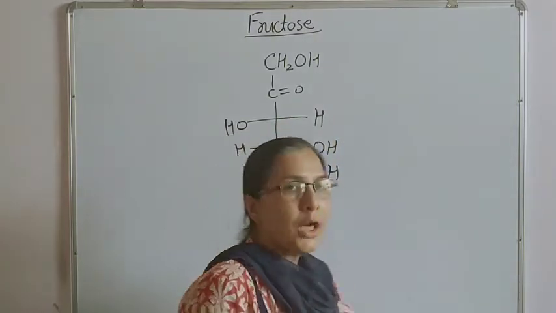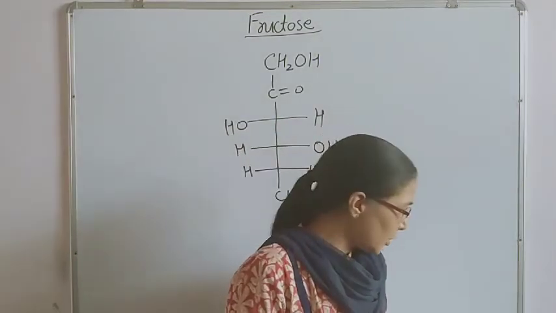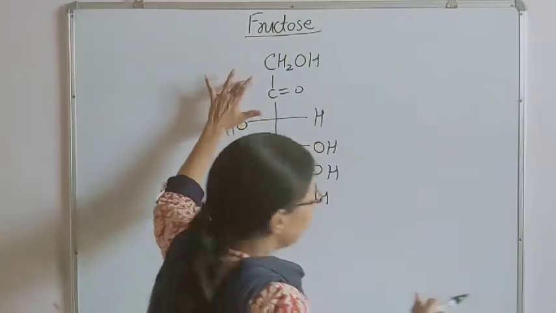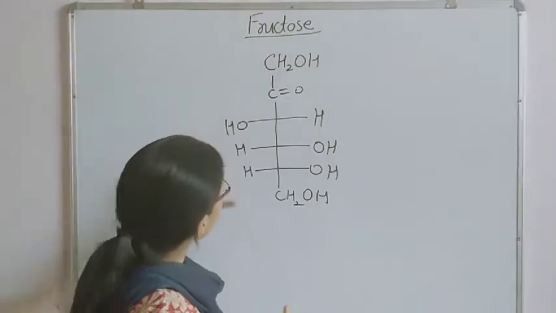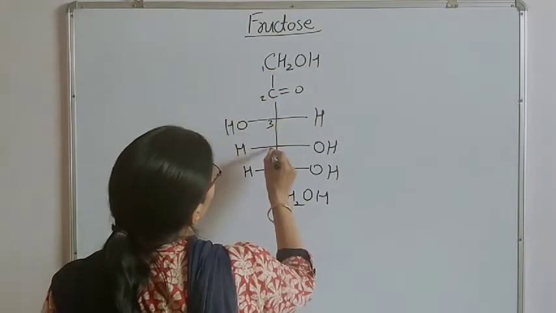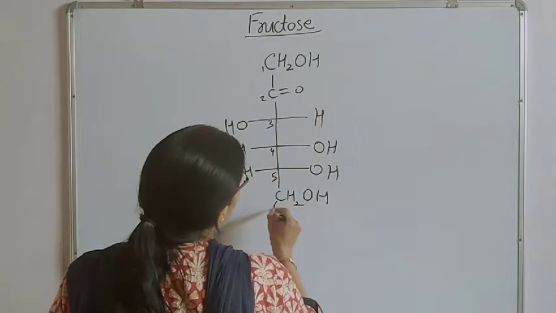Here at the number 2 carbon atom there is a ketonic group instead of an aldehyde group. So this structure has carbons 1, 2, 3, 4, 5, 6.